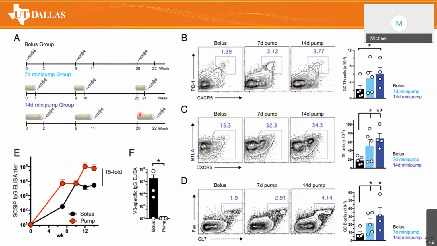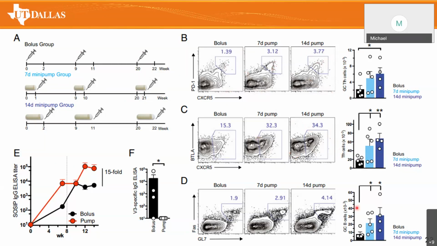And what they looked at again was T helper cells in the germinal center, and what they showed here again is that the 14-day interval had a higher amount of T helper cells compared to the 7-day pump and the bolus shot. And then they also looked at the overall number of just T helper cells in the lymph node, and again they showed that the mini pumps had higher amounts than the bolus shot.